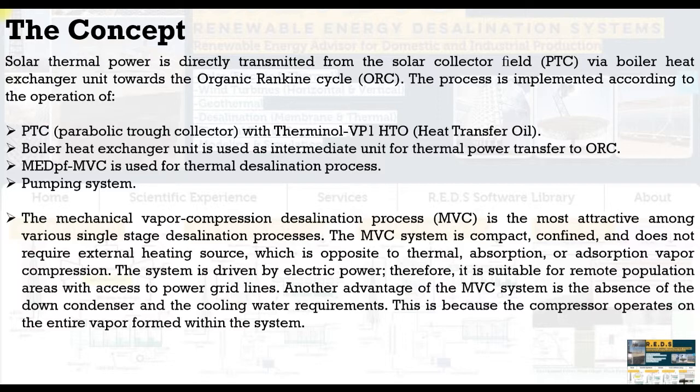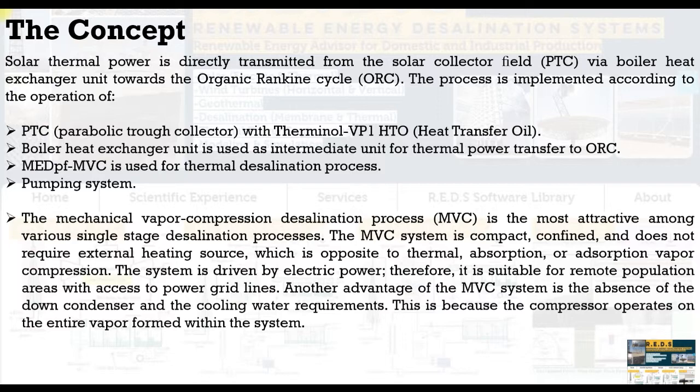The mechanical vapor compression system is compact, confined, and doesn't require an external heating source, which is opposite to thermal or adsorption vapor compression. The system is driven by electric power transmitted from the turbine unit. Therefore, it's suitable for remote population areas with access to power grid lines.